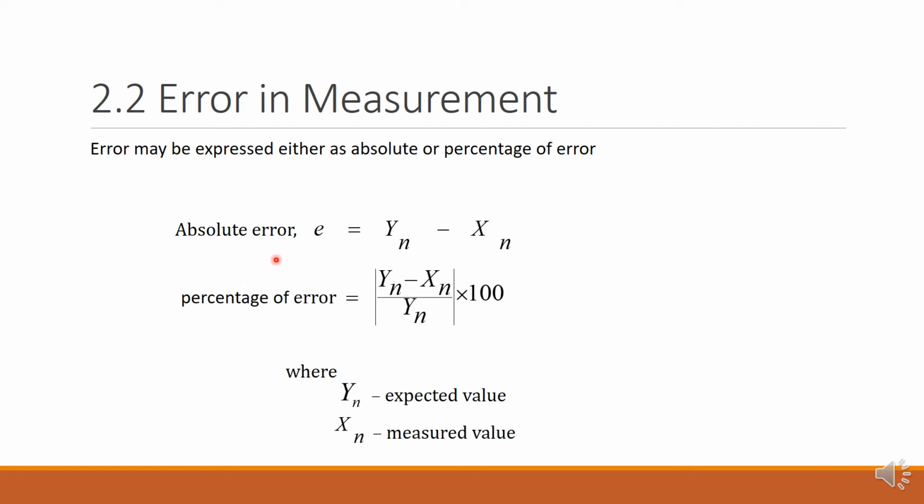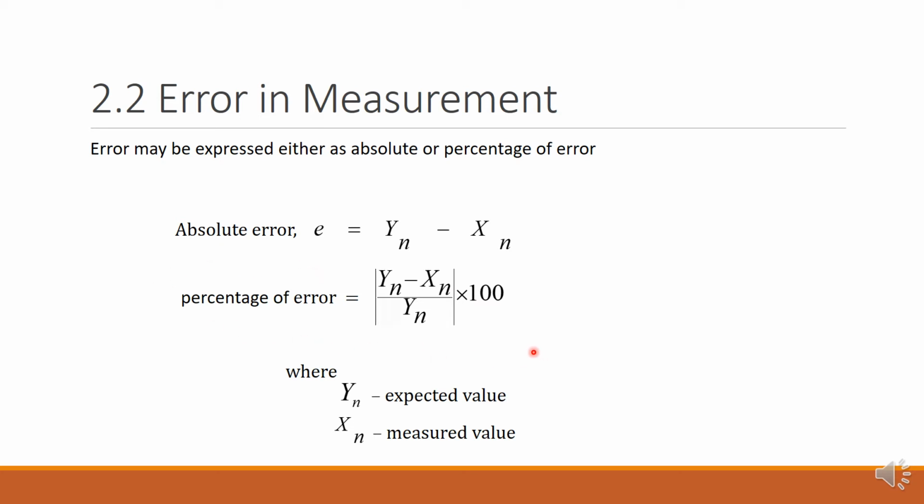Absolute error is given by the equation: expected value minus measured value, so yn minus xn, the measured value. And the percentage error is defined as the absolute value of expected value minus measured value, over expected value, multiplied by 100. So this is the definition of percentage error.